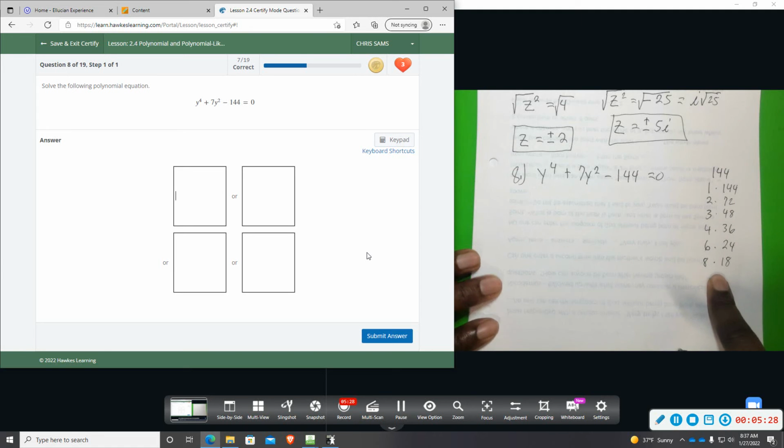We're getting closer. 9 and 16. I think that's what we need. 9 and 16. So 9 times 16 will give us there.